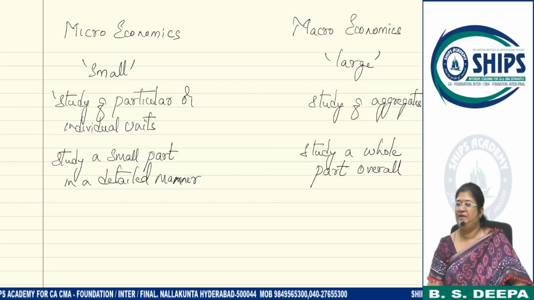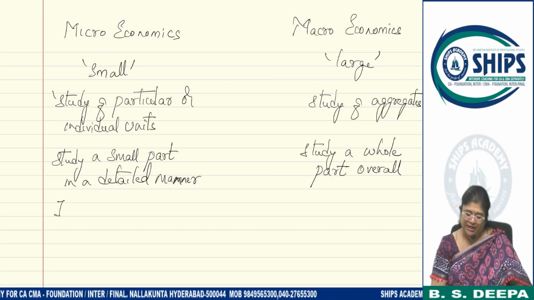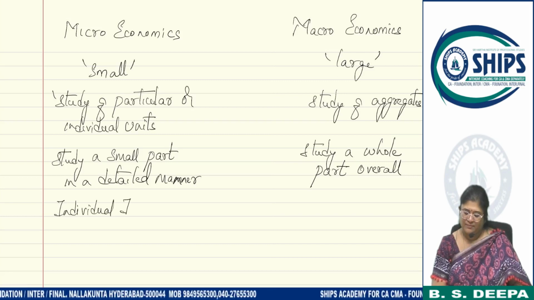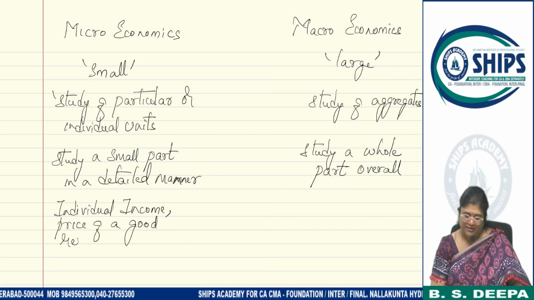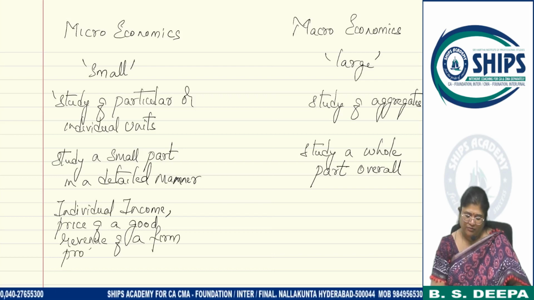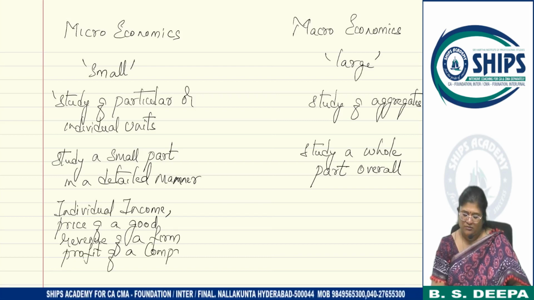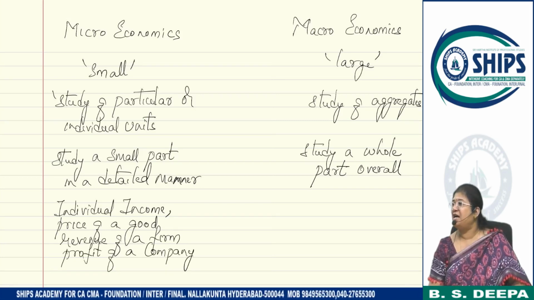Okay, so for example, when we are talking about, for example, individual income, let us say price of a product, or let us say revenue of a firm, or profit of a company. All of these are examples of microeconomics.